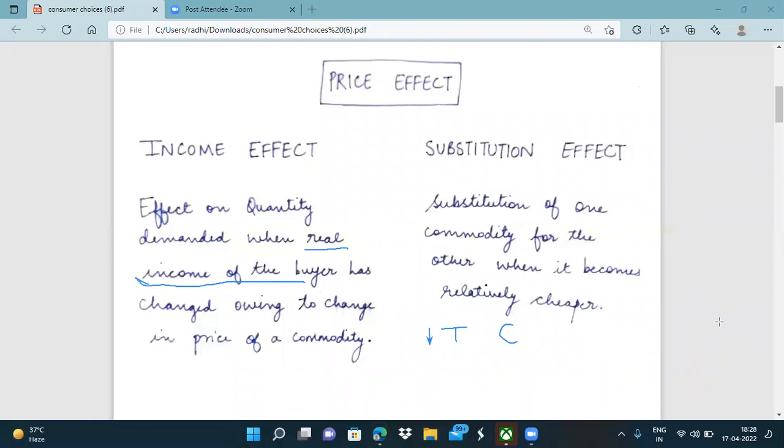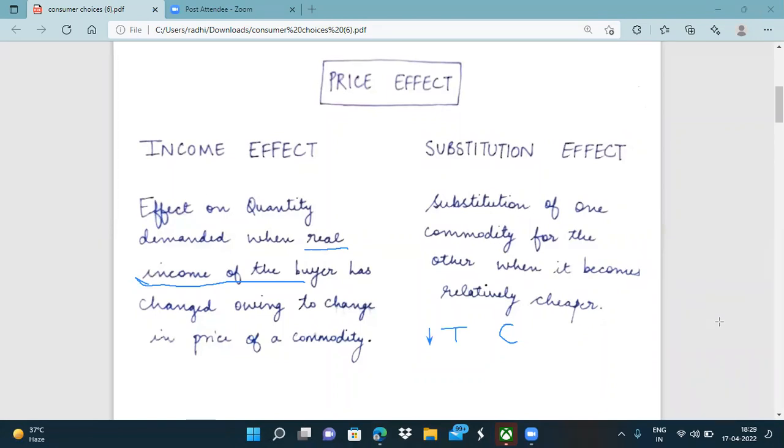Now, as the price of tea has fallen, for me as a consumer, tea has become relatively cheaper than coffee. So I would wish to spend more on tea rather than coffee. That substitution of tea in place of coffee, that effect is known as the substitution effect.